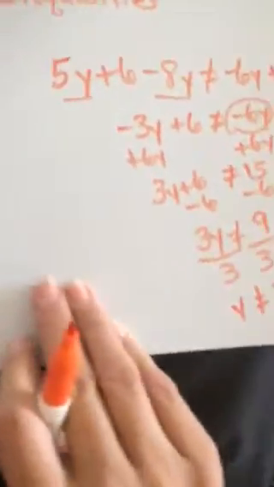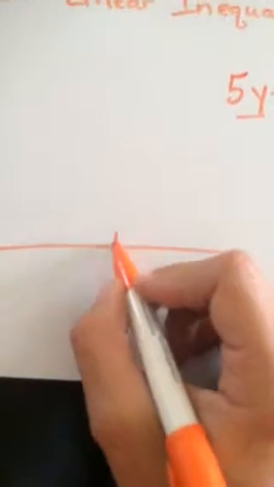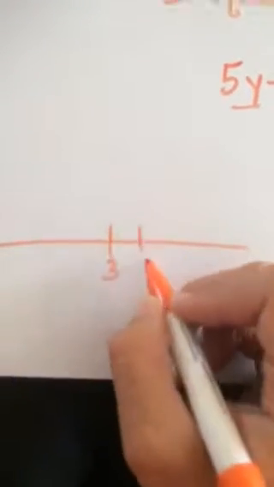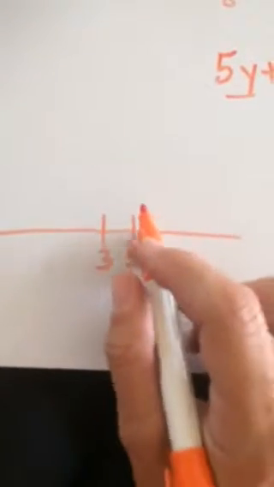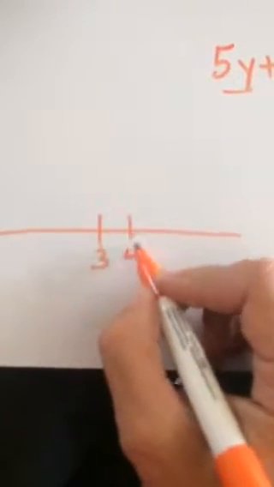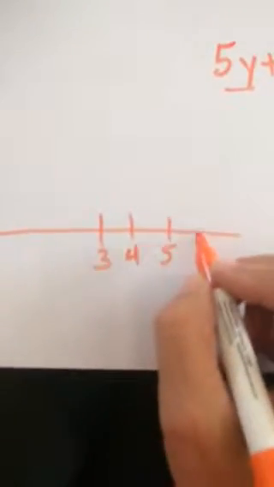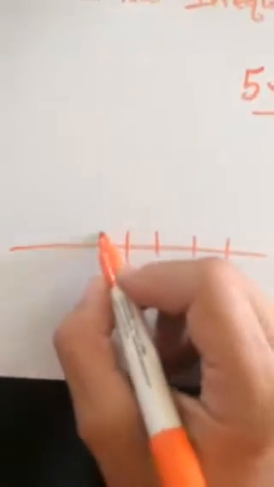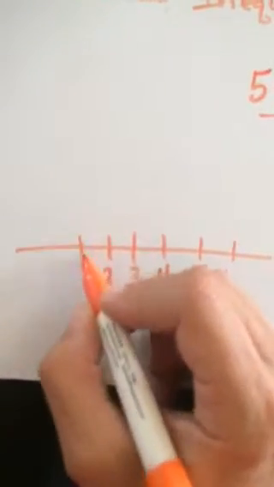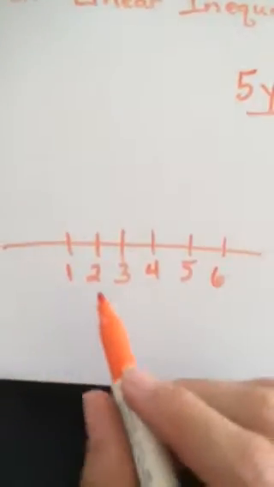Now the way you would graph that on a number line is you would have 3 in the middle and go up. Oh, I guess I can't count. That should be 4. And go down a couple on that side.